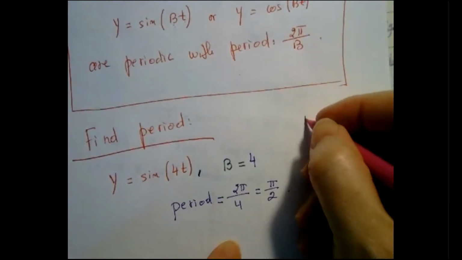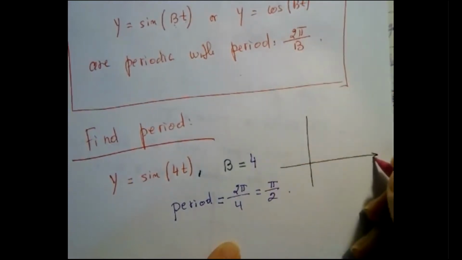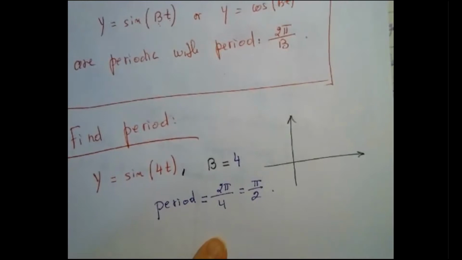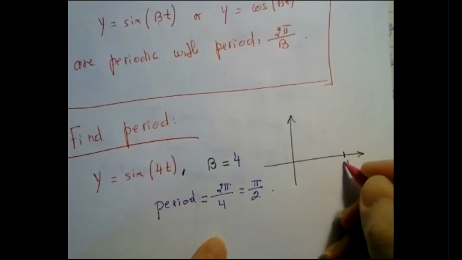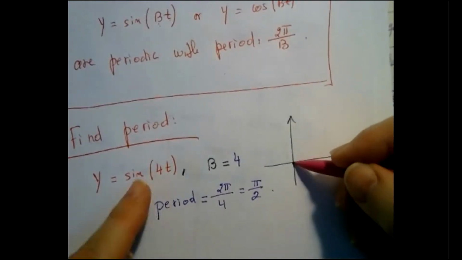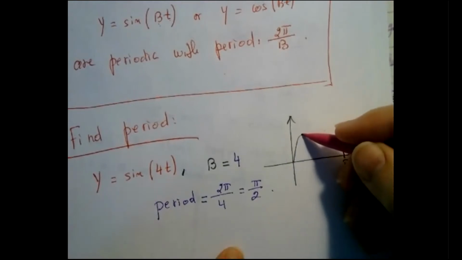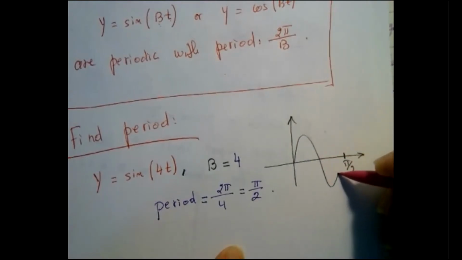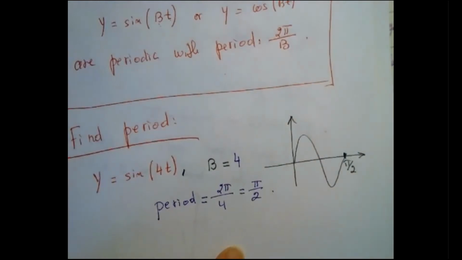Graphically it means the following. When I sketch this function, that's what it means graphically. This is pi over 2, right here. That's like the graph of sine, but it's squeezed so that the period is pi over 2. That's really what it means.